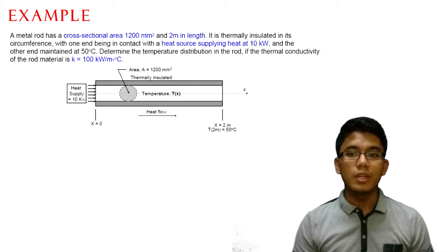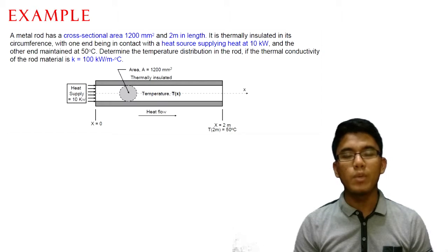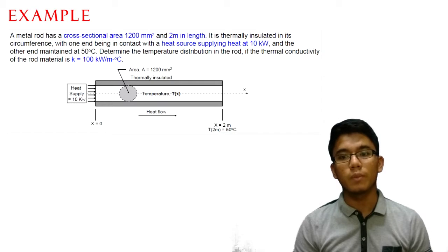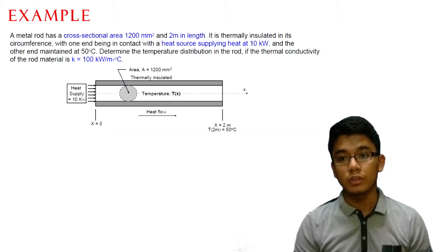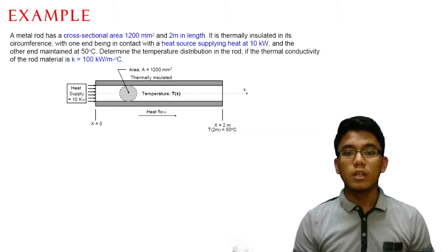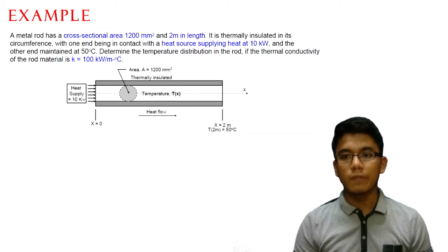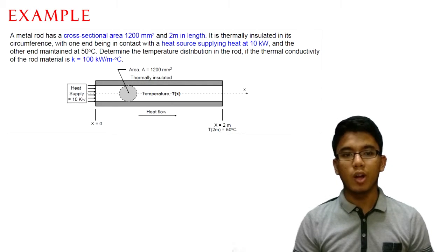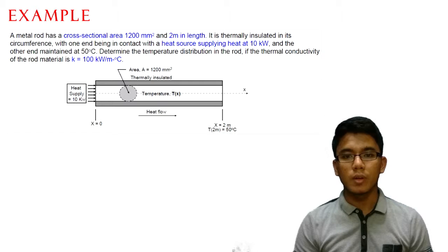It is thermally insulated around its circumference, with one end in contact with a heat source supplying heat at 10 kilowatts and the other end maintained at 50 degrees. Determine the temperature distribution in the rod if the thermal conductivity of the rod material is k equals 100 kilowatts per meter degree Celsius.